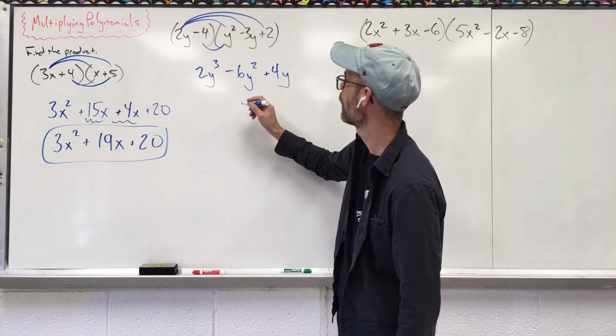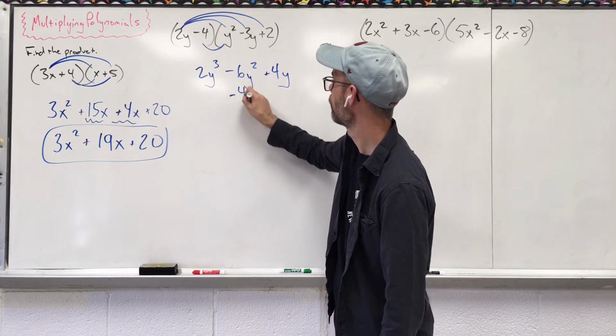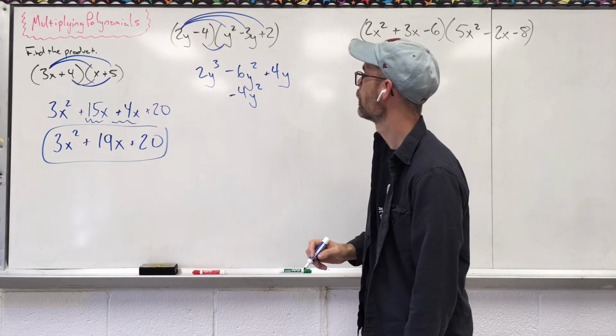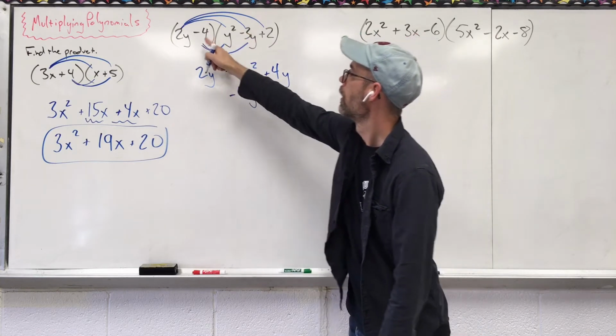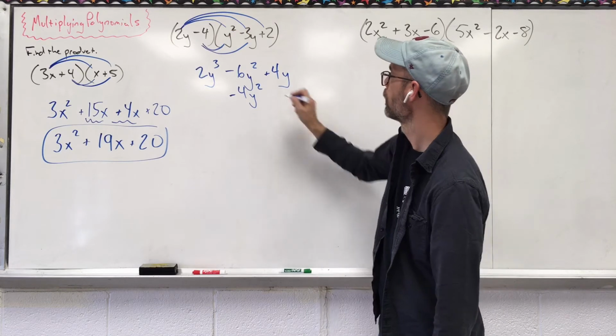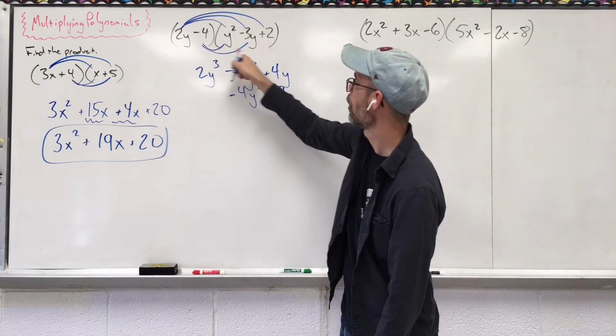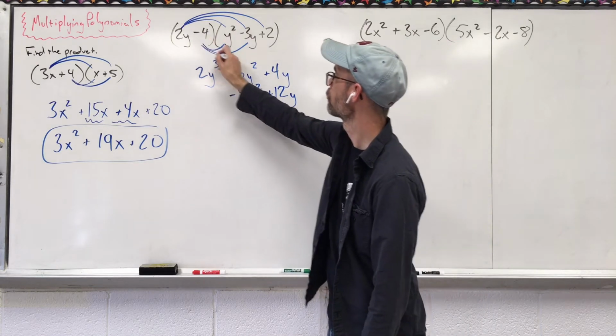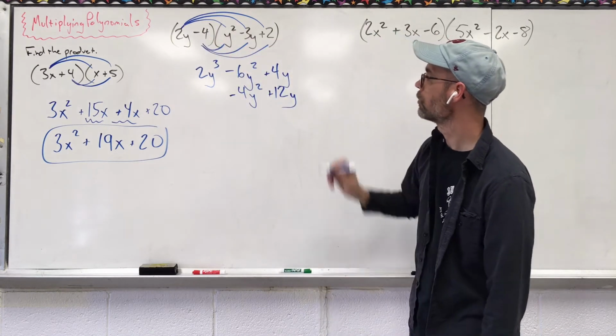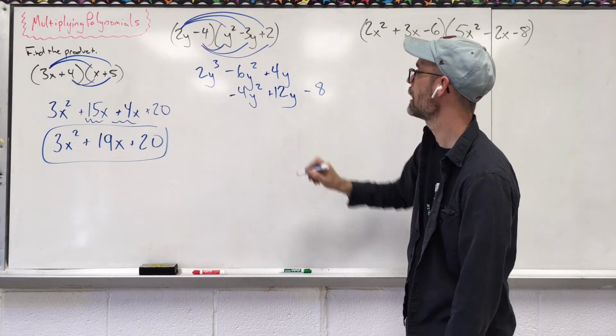So it's going to be y squared. I'm going to put negative 4y squared underneath. Now everything's going to kind of fall in order. Negative, negative gives us a positive 12, and we're talking about y's. And then one more distributing. Negative 4 and 2 gives us negative 8.